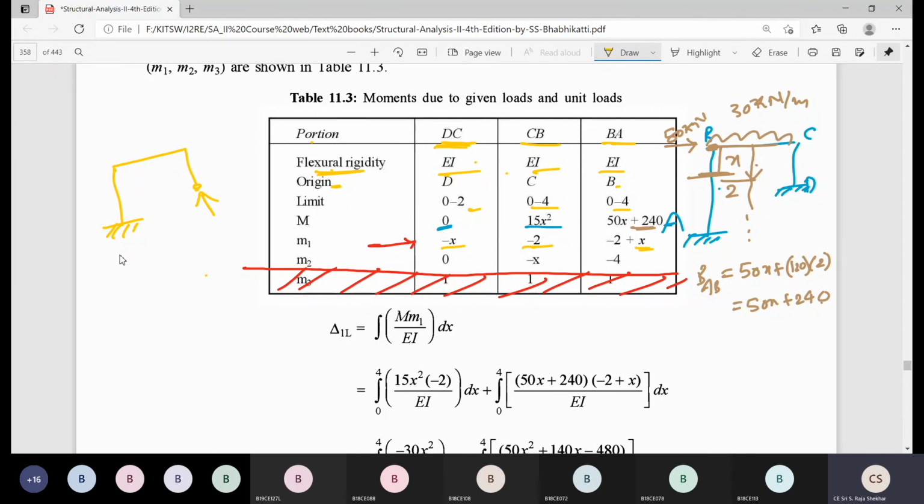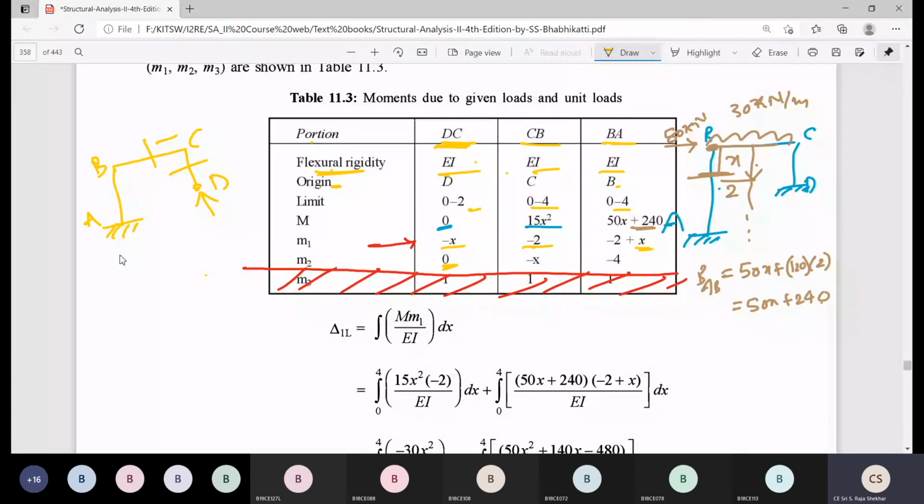We need to calculate the moment developed in the members AB, BC, CD. I want to take a section here. For the DC member, the load is passing through this DC member, so the bending moment for the DC member is 0. That is M2.